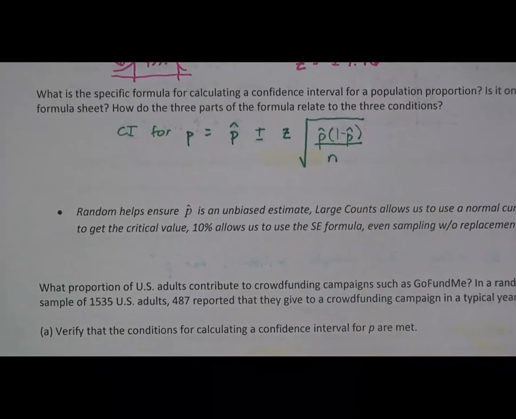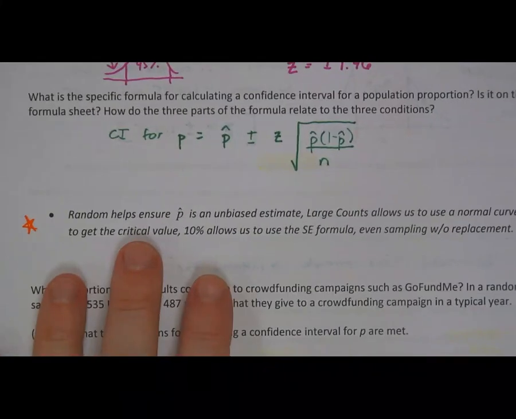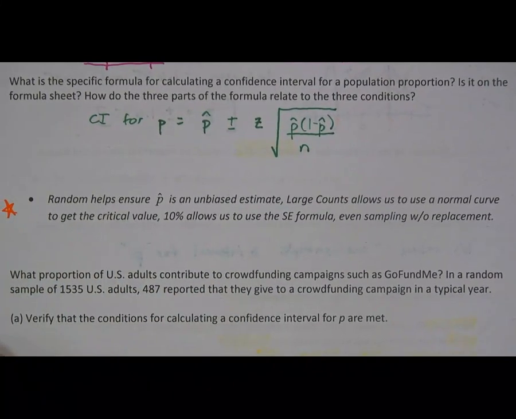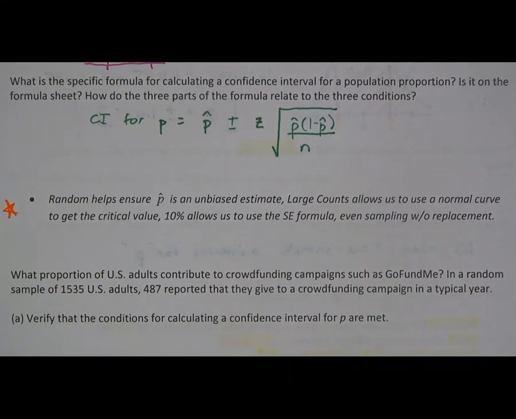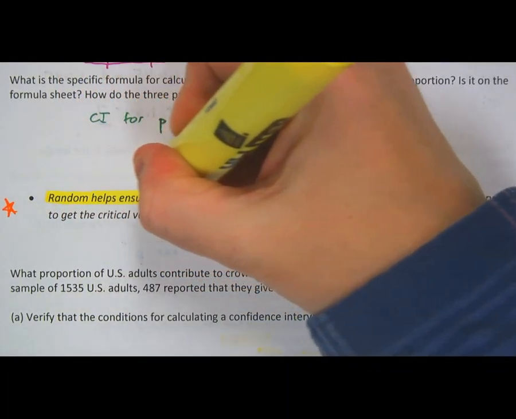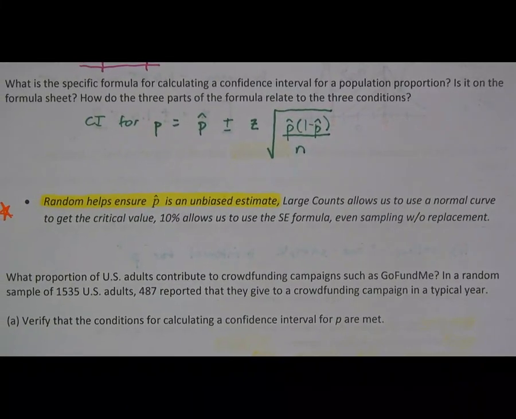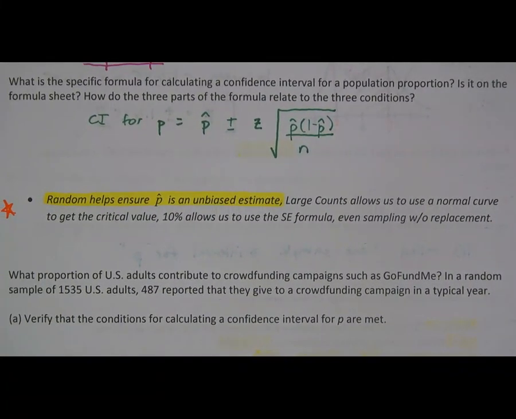I love this part right here. I would highlight this, circle it. This sums everything up for those of you who have been struggling with all these different conditions and what happens if they're violated. The random condition helps ensure that p-hat is unbiased. As long as you've got a random sample, that ensures your statistic is an unbiased estimate.